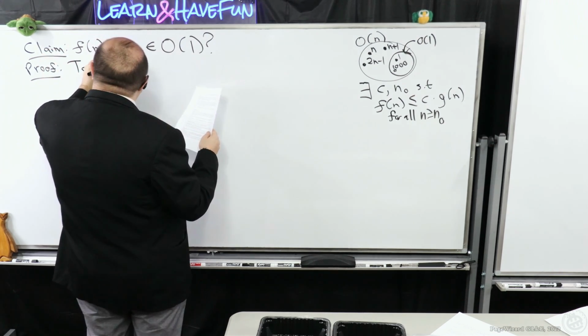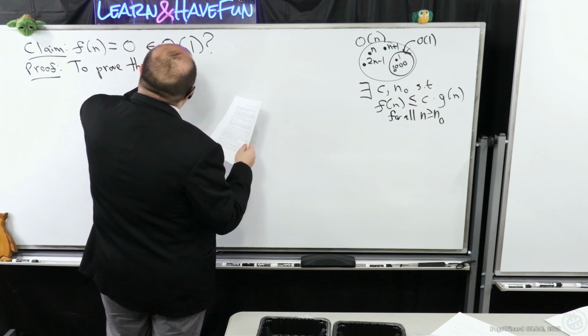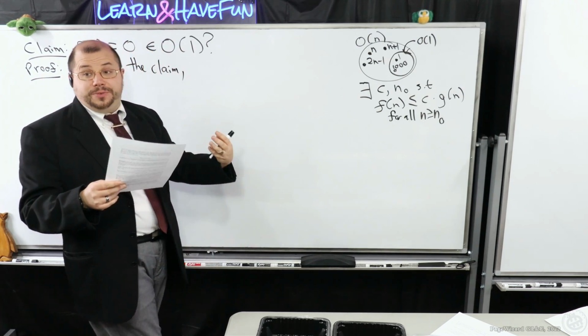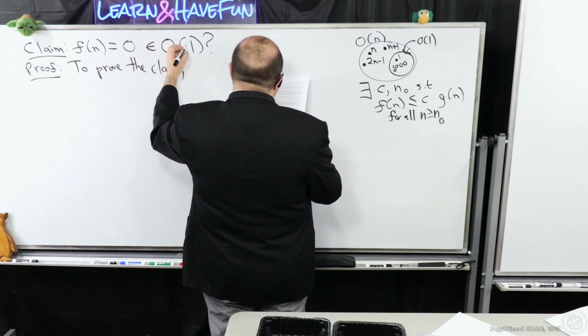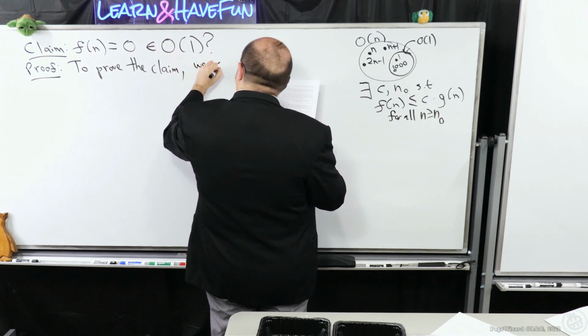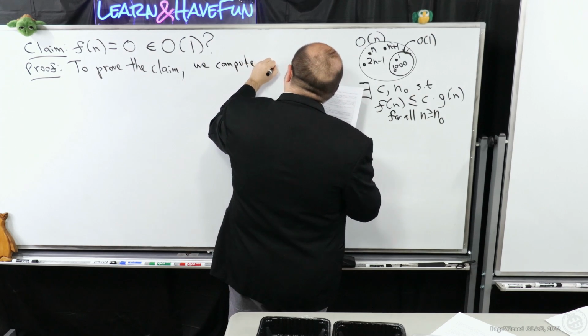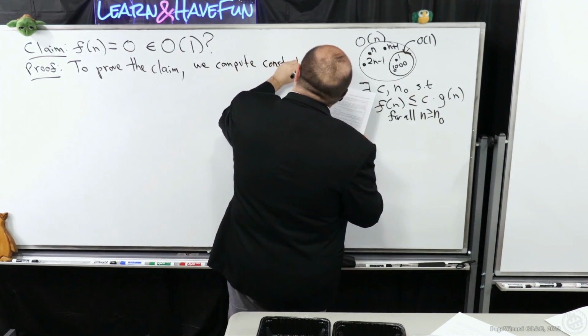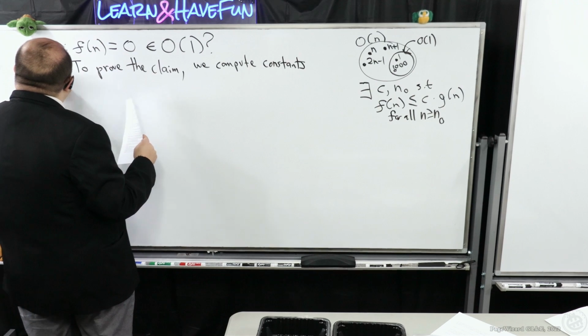So to prove the claim, I always like to make sure I start off with a little game plan so that the reader knows what we're doing. To prove the claim, we compute constants C, which is a positive real number.